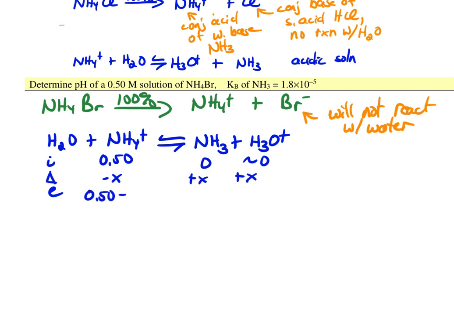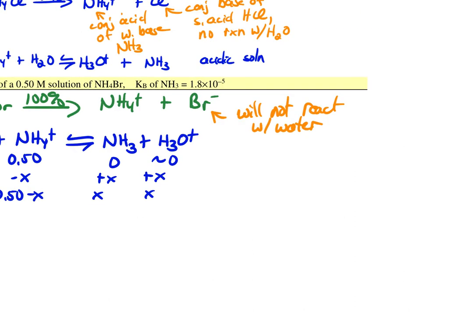So we have the following equilibrium concentrations for our species. Okay, over on this side, we'll write our expression, but we'll note that we need a Ka value.